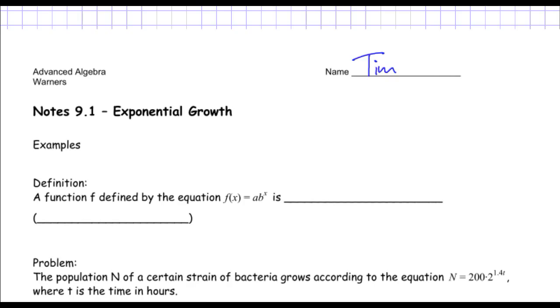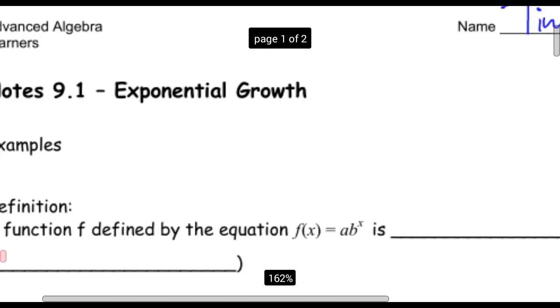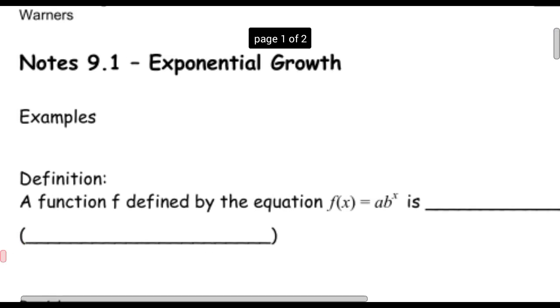We are starting Chapter 9 today, and Chapter 9 is all about exponential growth, which happens to be something we've already encountered. You remember that wonderful, all-important, life-changing formula? I don't say that terribly sarcastically, it's actually true.